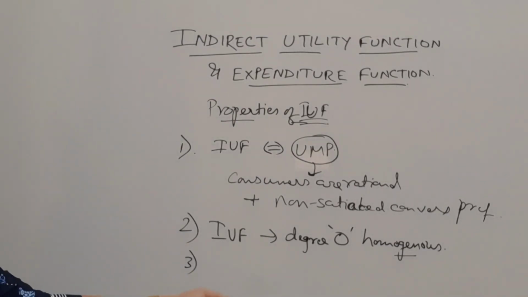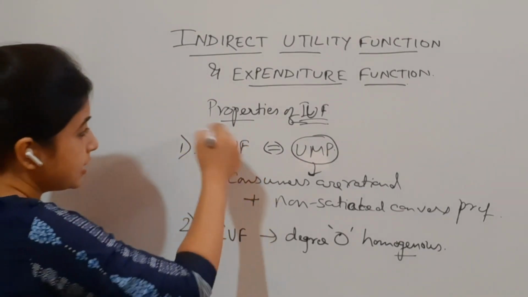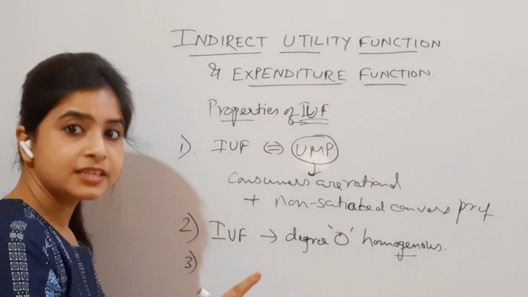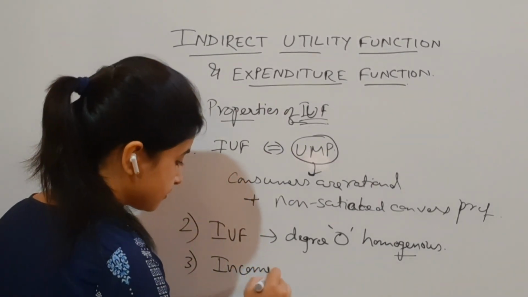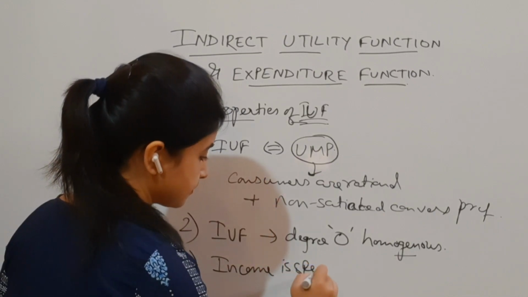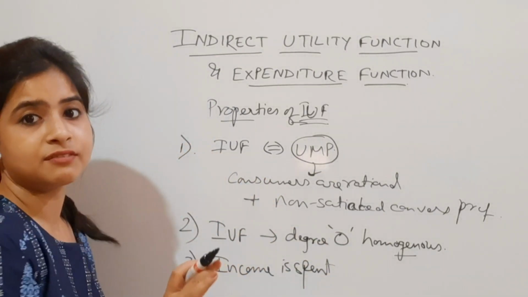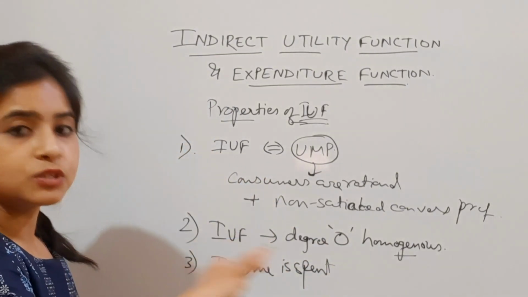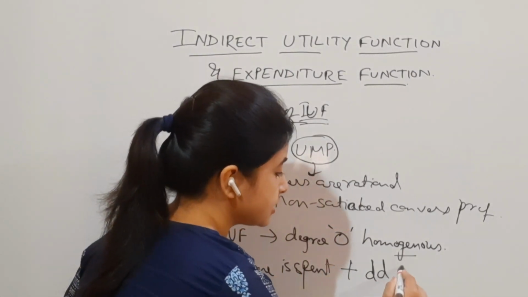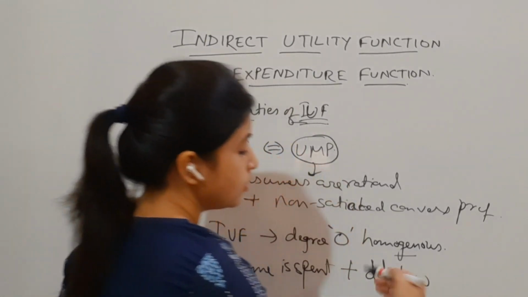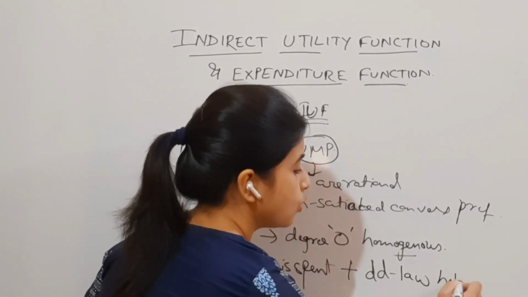Coming to the third important property of the indirect utility function, although I have mentioned it in my discussion: whole income is spent. There is nothing left as savings. Whole income is spent, and along with it, the law of demand holds.